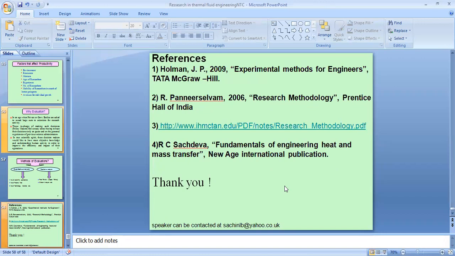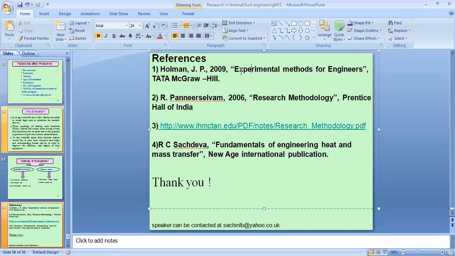And these are my references. I suggest that if your library has this book, Experimental Methods for Engineers by Holman, published by Tata McGraw-Hill, we can use it for uncertainty analysis. I have taken the examples from this book.